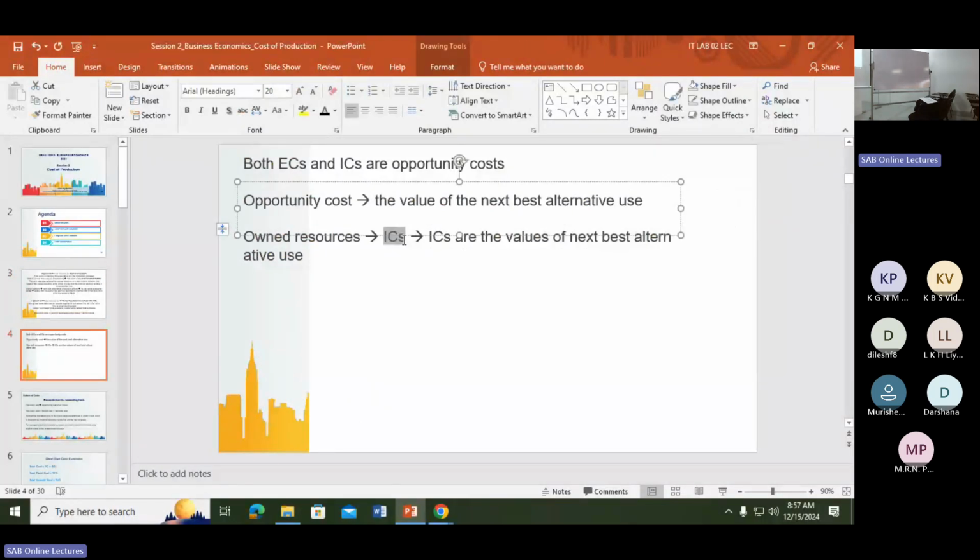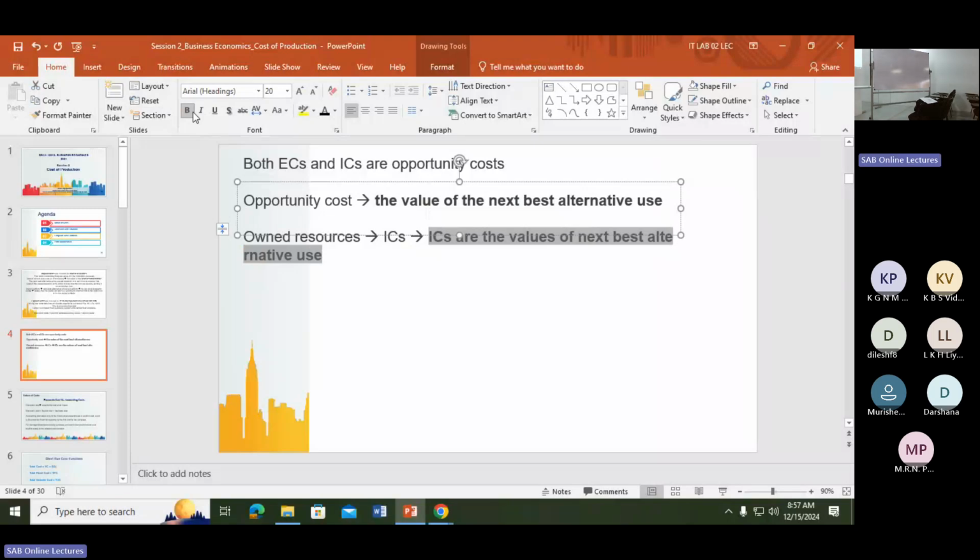The definition of opportunity cost and the definition of implicit costs are the same. Therefore, by their nature, implicit costs are opportunity costs.